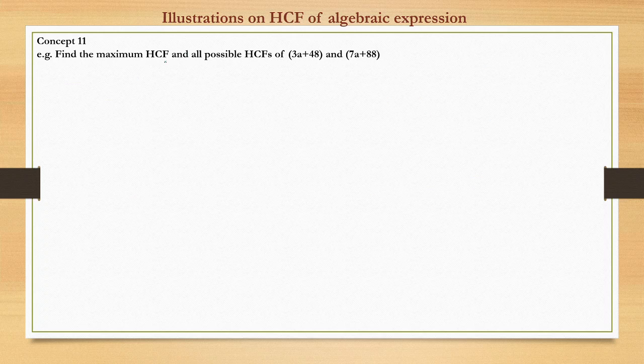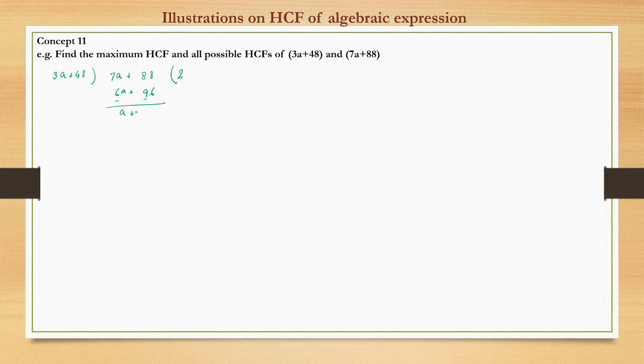Now the next question is, find the maximum HCF and all possible HCF of this expression. So if this is 3a plus 48 and 7a plus 88, so here it will go two times, so this becomes 6a plus 96.